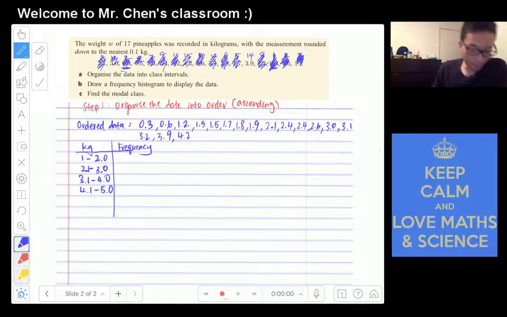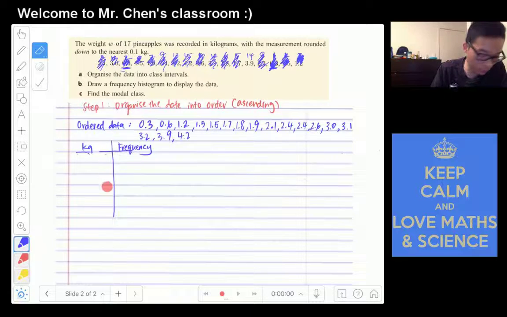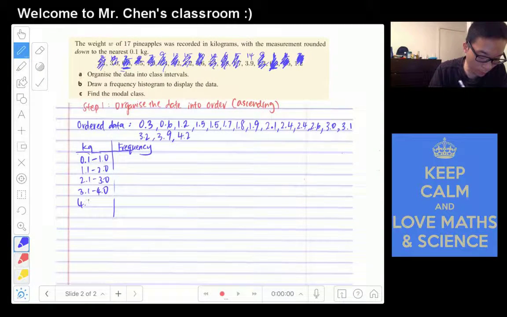Nothing is bigger than 5.0, and nothing is... No, we actually have something smaller. So you actually need to juggle around: 0.1 to 1.0, 1.1 to 2.0, 2.1 to 3.0, 3.1 to 4.0, 4.1 to 5.0. Now there you go. This is more like it.